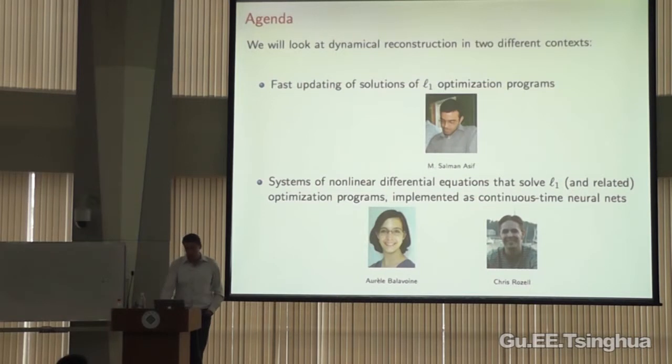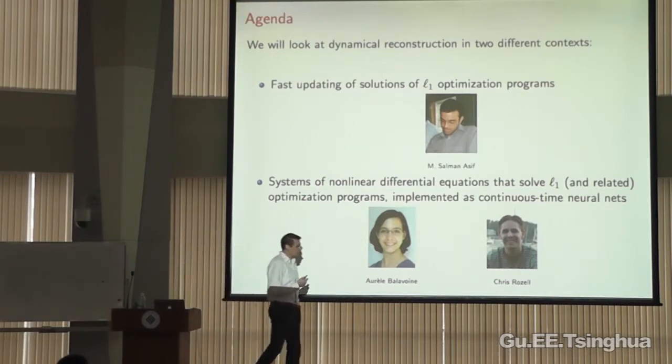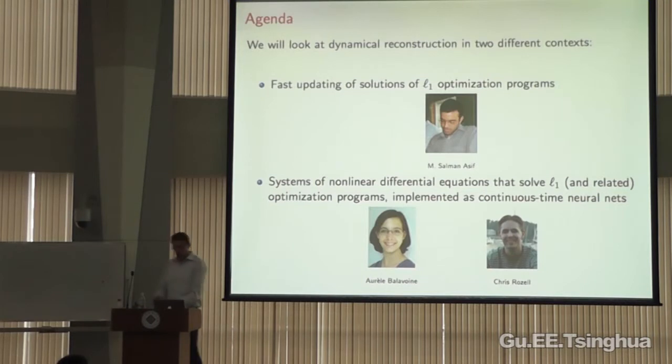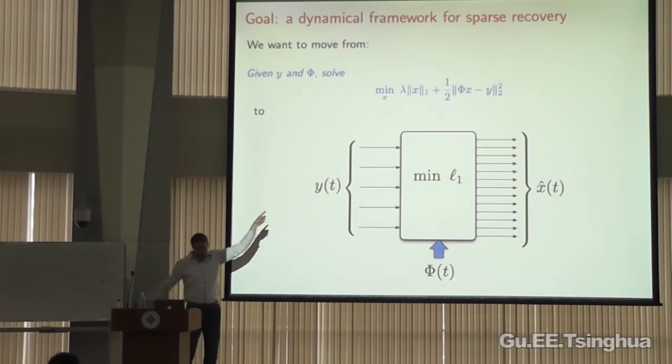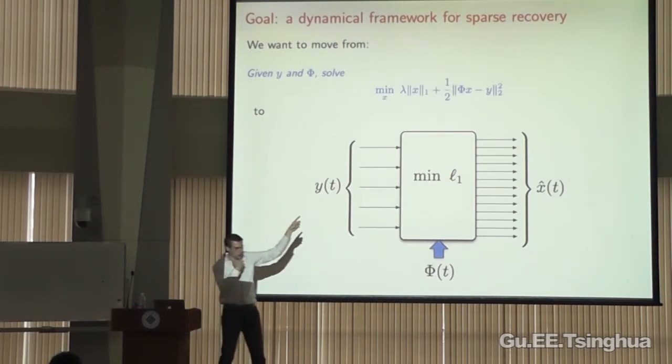One of the ways is the baby of my first graduate student, Salman Asif. He wrote his thesis on how to quickly update the solutions to L1 optimization programs. The idea is, I have the solution to this problem, and then I learn something new. I get a new measurement y, or a new set of measurements y.